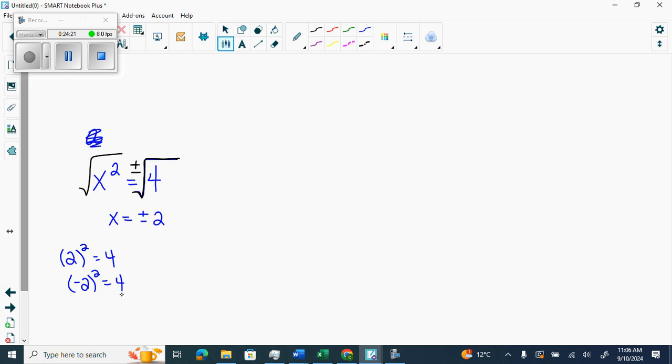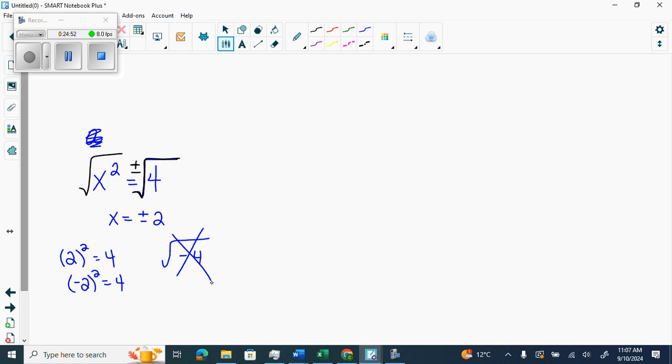If I have the 4th root of 16, that can be negative 2 times negative 2 times negative 2 times negative 2, which gets me 16, or 2 times 2 times 2 times 2, which gets me 16. So whenever you take the square root, the 4th root, the 6th root, the 8th root, any even root, you always get a plus or minus in front. Make sense? Odds, you do not do that for. Because I cannot take the square root of negative 4. This is not real. It's actually an imaginary number. We don't talk about those in Alberta until you're in university.